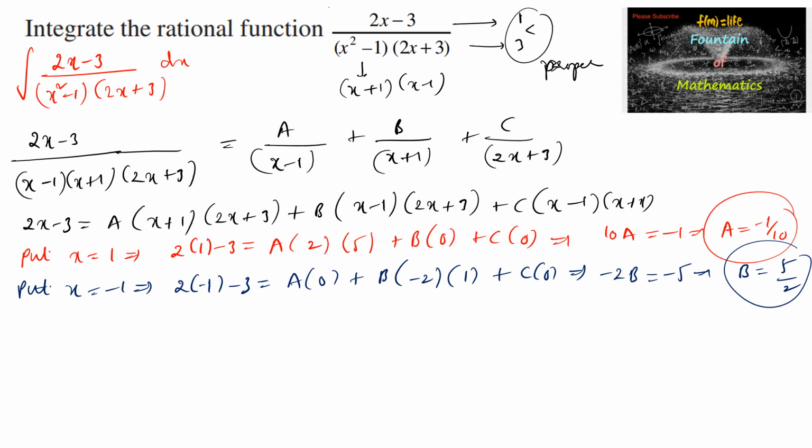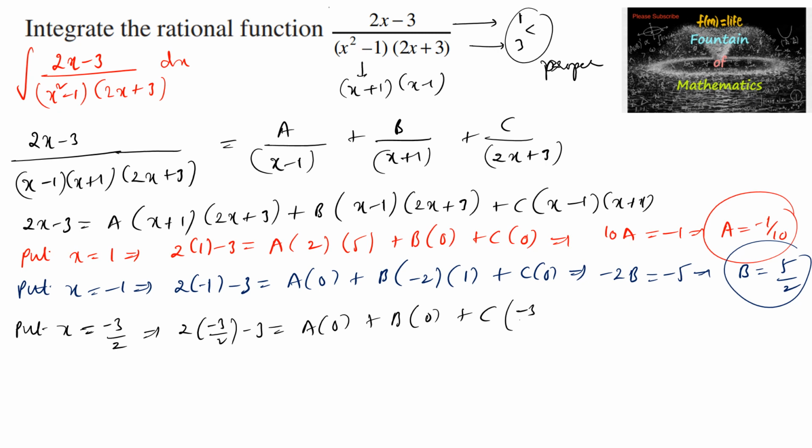And coming to the next one, put x is equal to the third factor, we can take 2x plus 3, so minus 3 by 2. So let us substitute minus 3 by 2. So 2 times of minus 3 by 2 minus 3 is equal to a times, the first term will get 0 and the second term also will get 0. Third term c times of (x minus 1), that is (minus 3 by 2 minus 1) into (minus 3 by 2 plus 1).